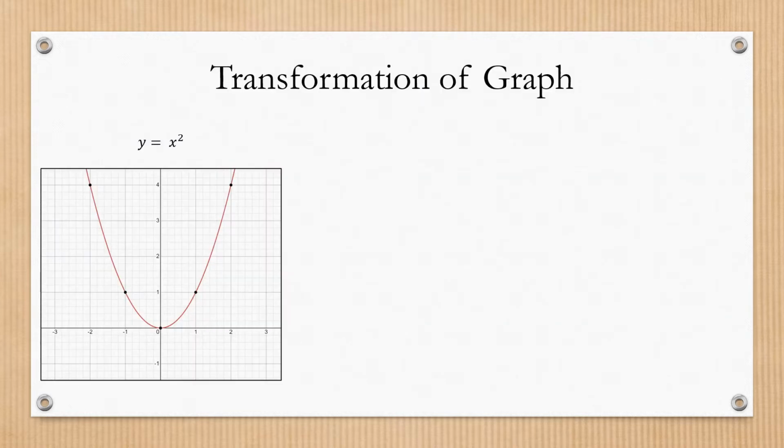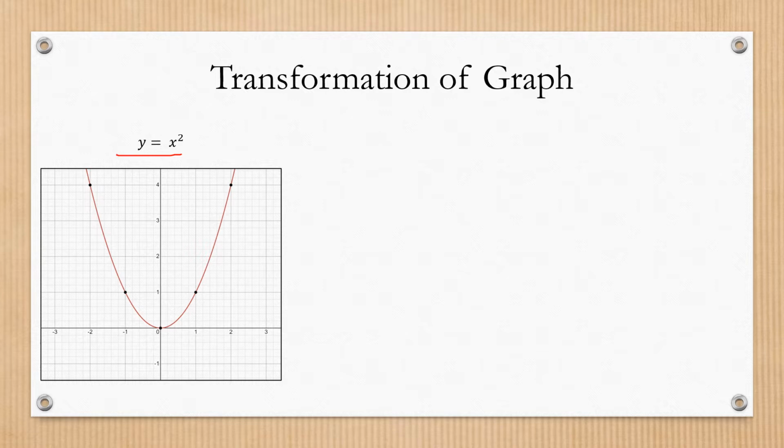Okay, before I give you an example on how to use the comparison test, let us have this transformation of graph. Now, this is the graph for the function y is equal to x squared.